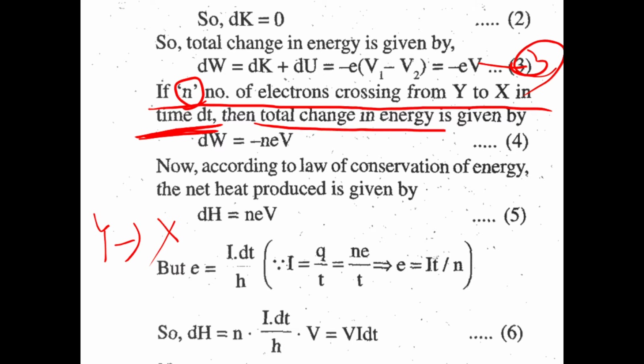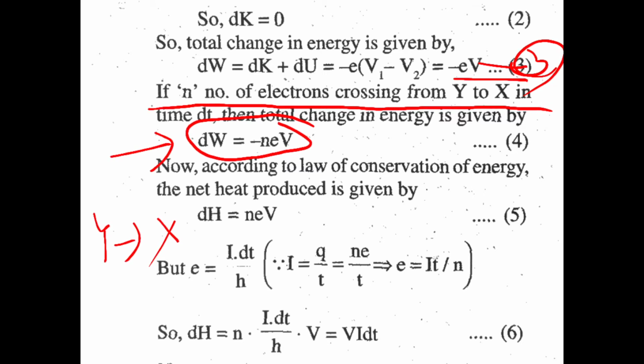Then the total energy of the system will be n times, and we know charge q is equal to ne. Multiplying by n, we get dW is equal to minus eV. If there are n number of electrons, dW will be minus neV. This is equation 4.